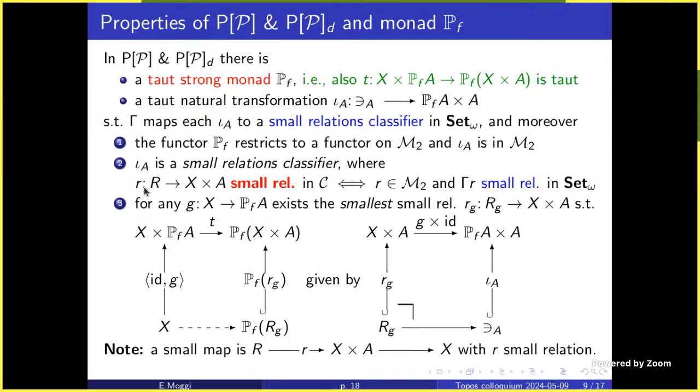So I could say that a relation in C is a small relation if it is a decidable object in C, and if I take its image in Set using the global section functor, I get a small relation in Set, namely a finitely branching relation. Probably there is a cleaner way of getting this without relying on the global section functor, but we have it, so let's use it.